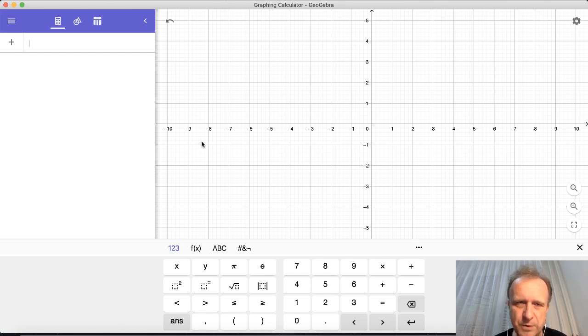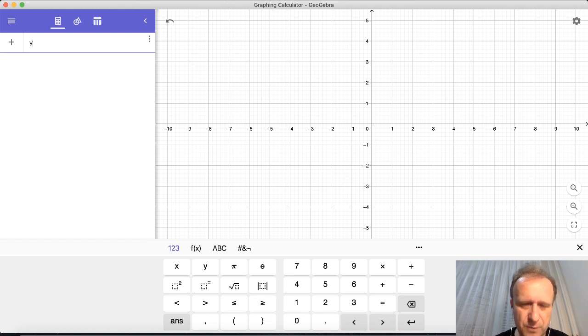It looks somewhat similar, but there are slight differences. It's designed in such a way that students can use it in exam conditions, so it doesn't allow them to do so many things as the usual GeoGebra Classic application. So some of its features are reduced, but what it does allow you to do is to input the function.